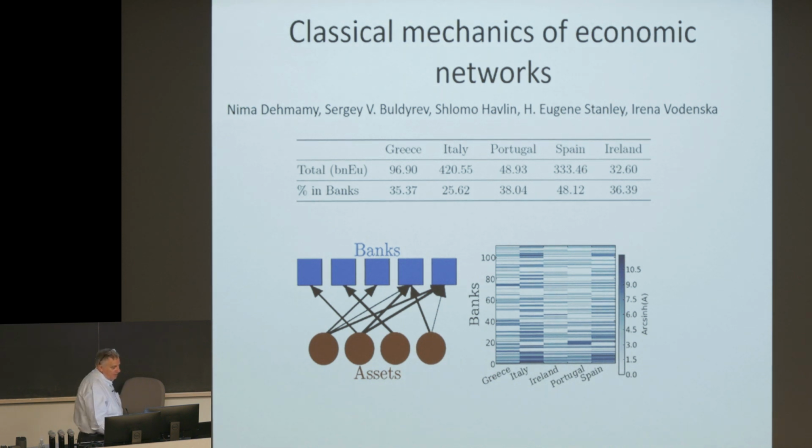Yeah, so another example of these bipartite networks can be found in economics. For example, we published a paper about basically this banking crisis, which affected these so-called PIGS countries: Greece, Spain, Portugal, Italy, and how they were all connected with basically certain banks.